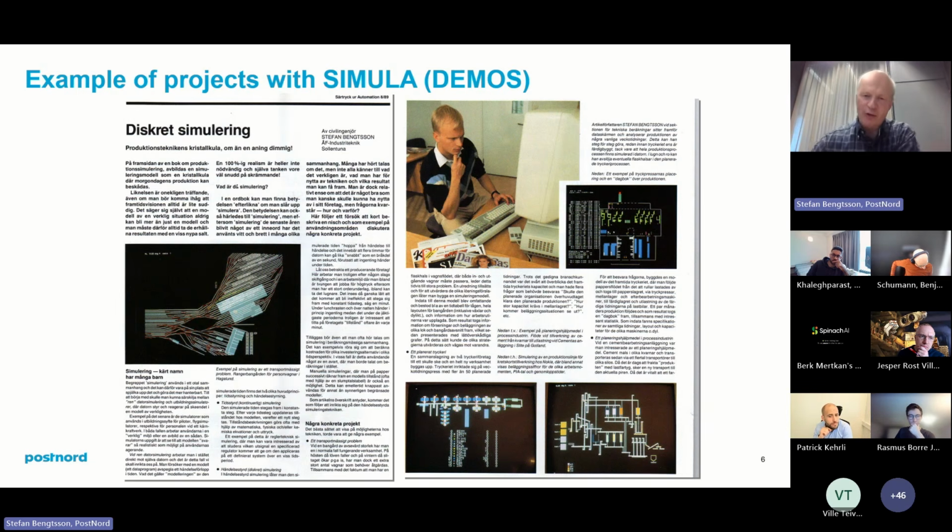And as you see on this picture, in a few pages from this article I wrote, already then we tackled all types of issues. And you see a rail yard here that existed when we developed that model. You see a printing house that did not exist when I created that model, because we created a model to evaluate if the planning of that future printing house was done in the correct way.